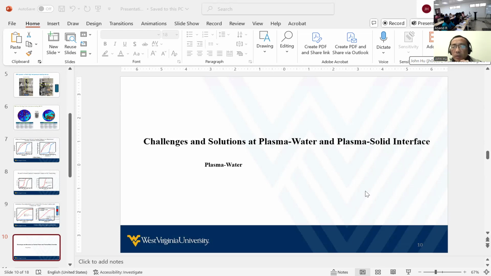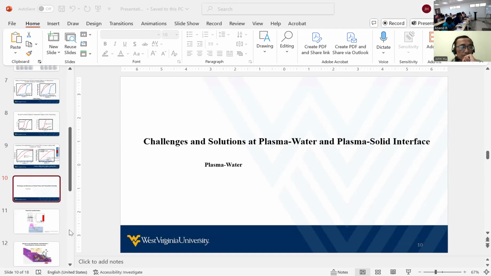Do you use the DBD for something else, like material synthesis? You can use the plasma for material synthesis, it doesn't have to be the reaction. Anybody have cold plasma experience? Yes, sir, we have cold plasma experiments. Okay, cool. I'm glad you have cold plasma. That's easy to talk about now.